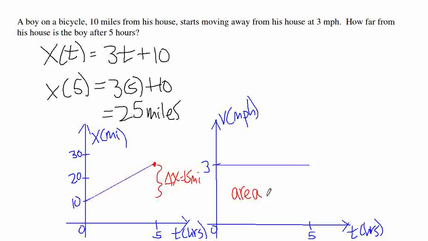The area of a rectangle is length times width. So we get 15. All right, so are you starting to see that there's a relation between calculus, between derivatives, at least for right now, and area? Okay, let me show you how antiderivatives come into the picture.